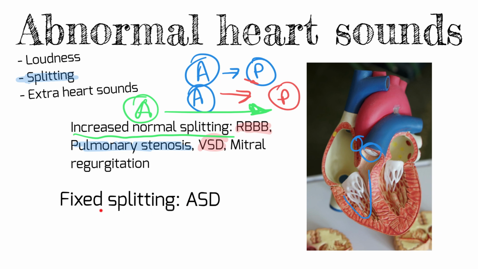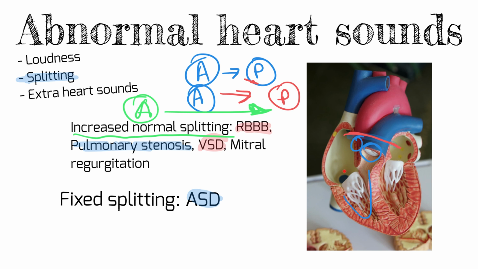But what's going to happen with an ASD, an atrial septal defect? Well, with an atrial septal defect, you are going to have a common connection between the two atria, which means that even with respiration, there's no change in the splitting, because even if you increase venous return, that blood is just going to go to the left atrium and displace itself.